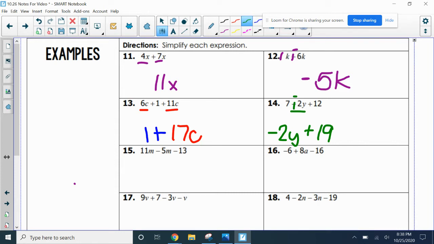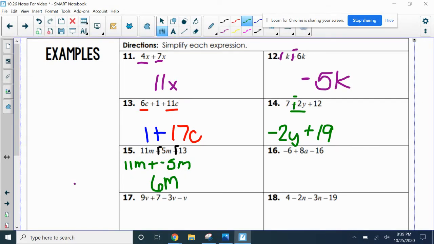All right, so now I have 11m minus 5m minus 13. So I'm going to do my plus and negative, so I don't lose my signs. So I know 11m plus negative 5m. Well, again, a positive and a negative, subtract and keep the bigger sign. 11 minus 5 is 6. 11 is bigger, so your 6 is positive.